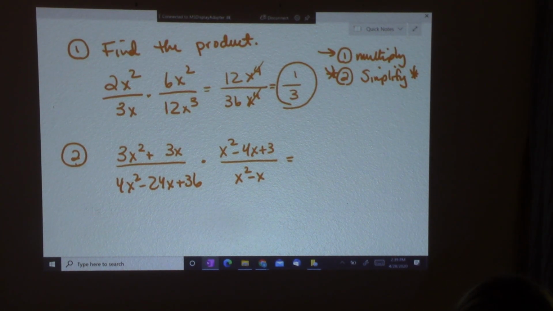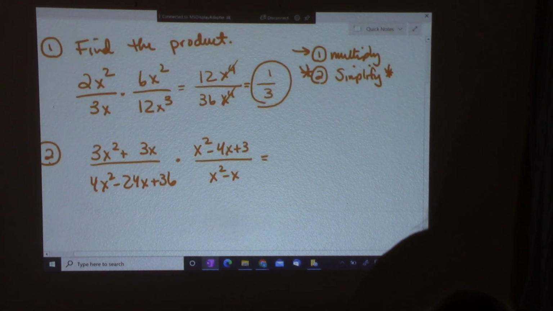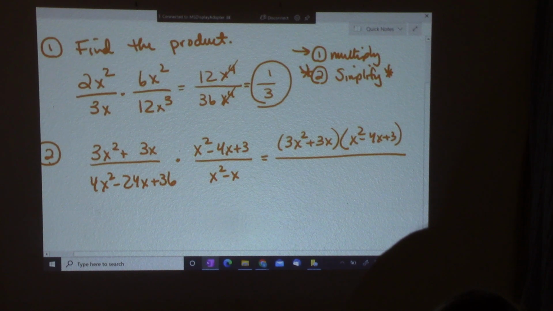So when we multiply, we just put things next to each other. So let's do that first. 3x squared plus 3x now is just next to the other polynomial, and they're just like this.